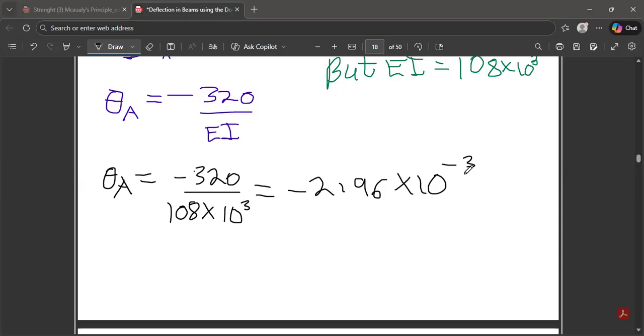So this times 10 exponent negative 3 is the same as this. Please don't get confused.